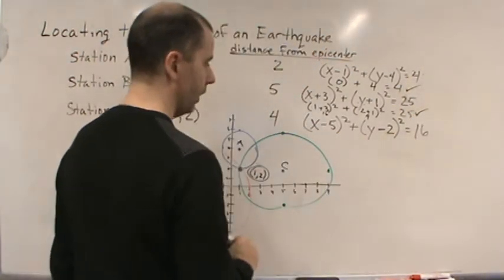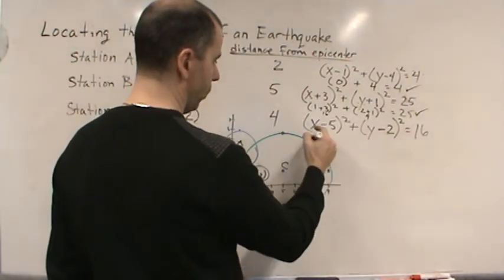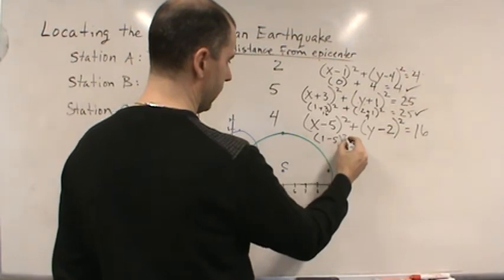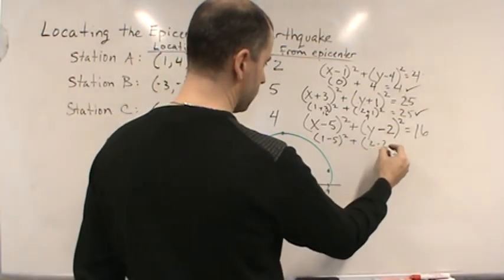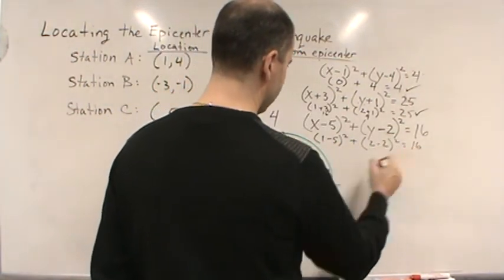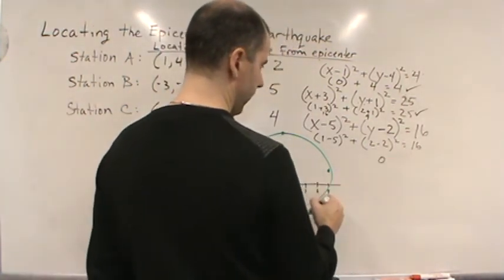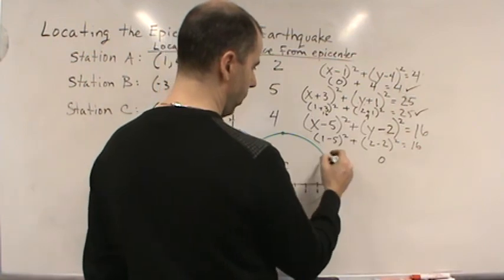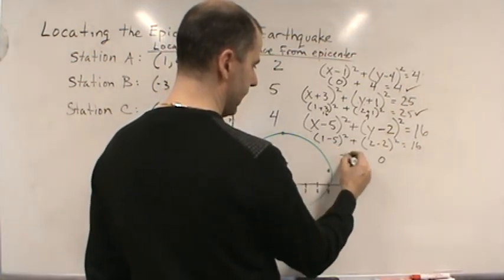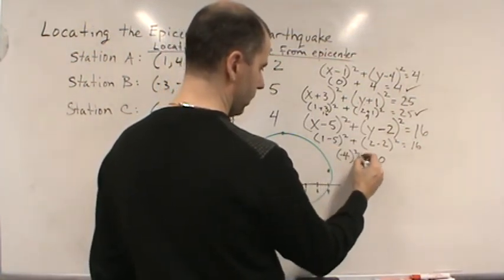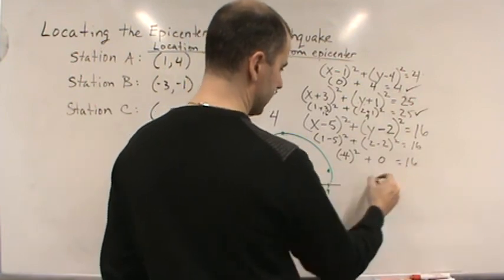Check. And then lastly, we put in 1 here, so (1 - 5)^2 + (2 - 2)^2 = 16. Well, 2 minus 2 is 0, so this is going to be 0. And then 1 minus 5 is negative 4 squared, which is 16.